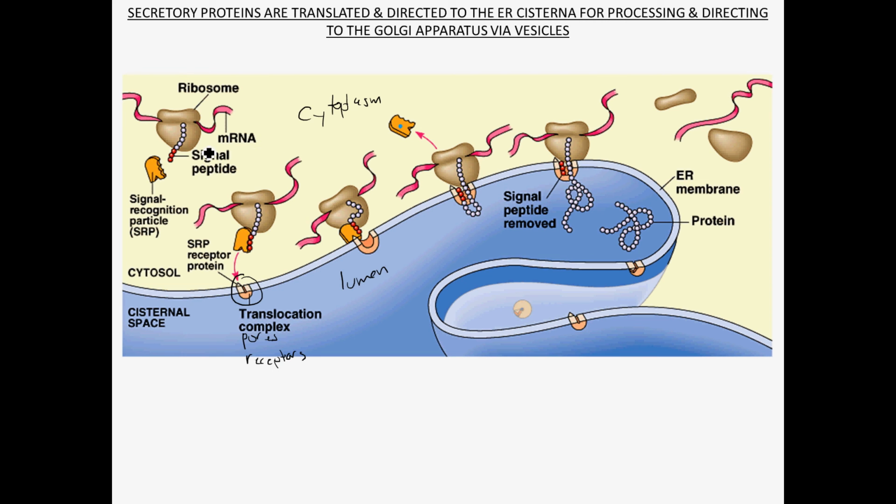What's happening is you get the ribosome translating this piece of mRNA right up here. The first bits of the polypeptide that come off there are known as a signal peptide. They're going to bind with this SRP, this signal recognition particle. When this binds, that SRP is going to guide that whole ribosome with this mRNA and this elongating polypeptide right to this translocation complex on the endoplasmic reticulum.